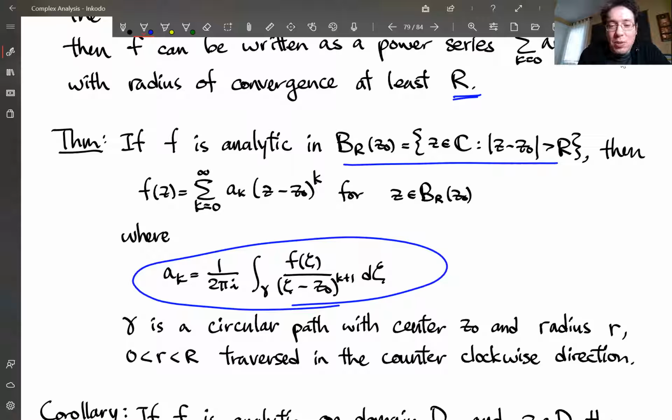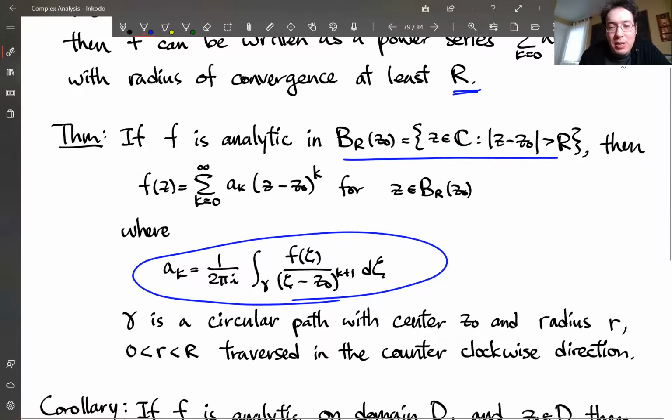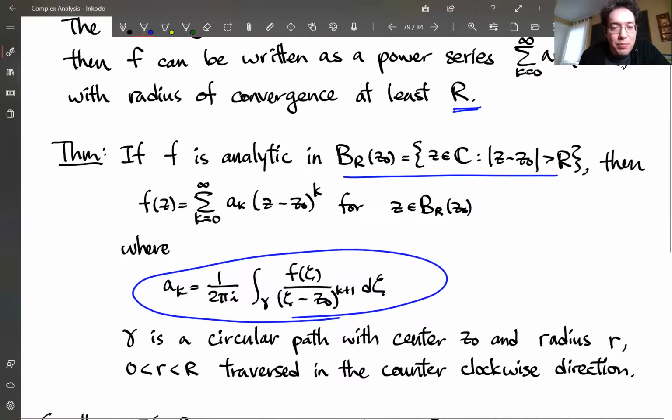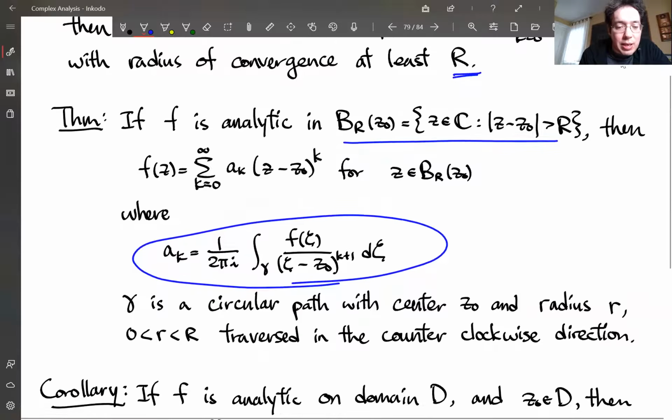You already know from Cauchy integral theorem that this is very close to the formula for the derivative. It's missing k factorial in the top. So this will give us the kth derivative evaluated at z naught divided by k factorial. Okay. So I could have written it that way, but this is how I stated it.